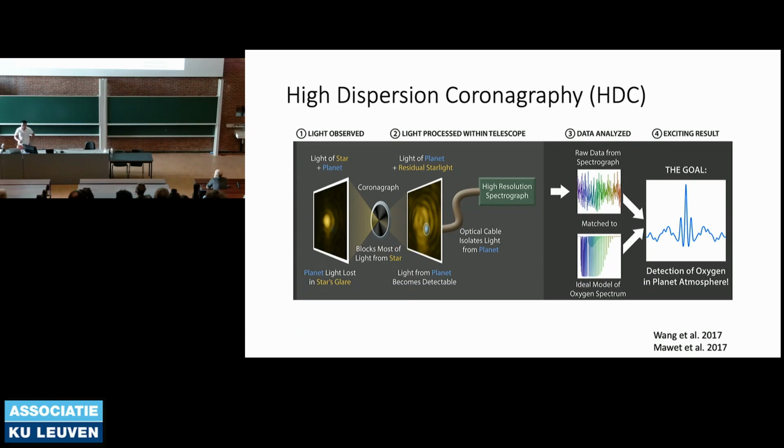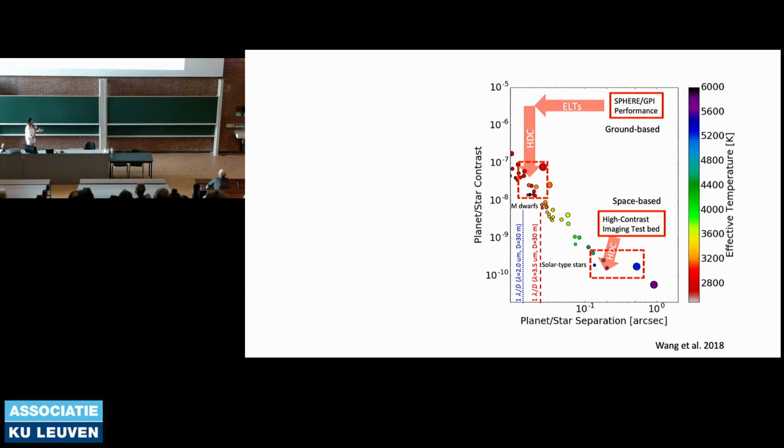So HDC, short for high dispersion coronagraphy, can help you to improve the contrast by a factor of 10 or 100, which allows us to directly study the planets around M stars.